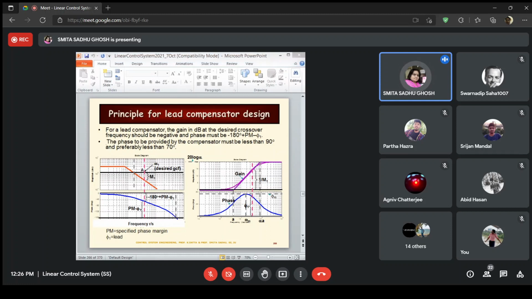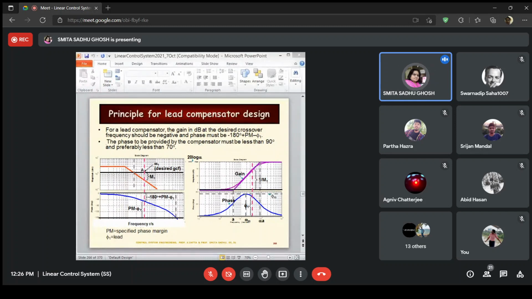Now I look at the magnitude plot. Wherever the magnitude for the uncompensated system was already positive, I cannot put my desired gain crossover frequency, because in that range I will not be able to do that; I'm going to add a positive value to a positive value. I cannot make the magnitude 0, because at the gain crossover frequency, gain crossover has to occur, obviously, right?